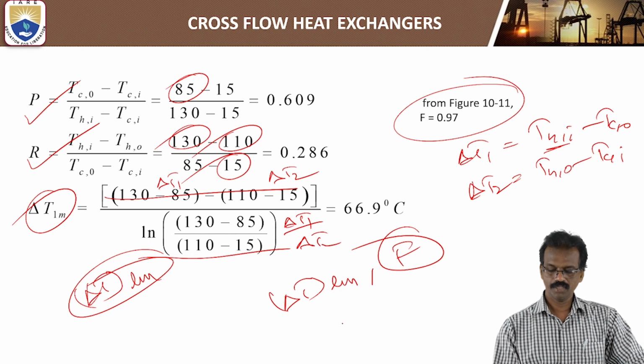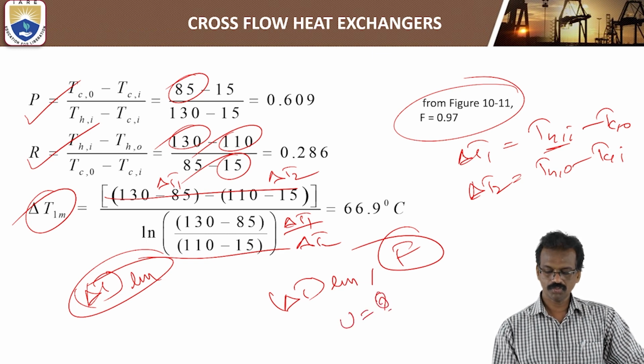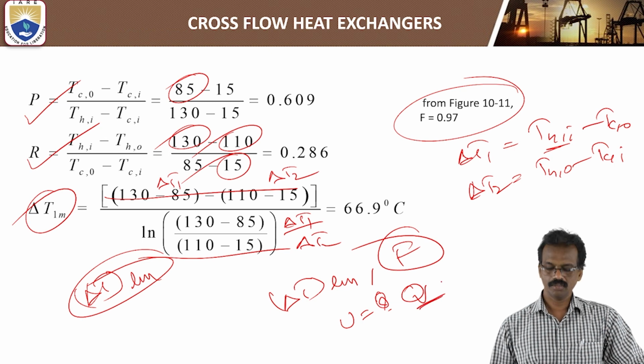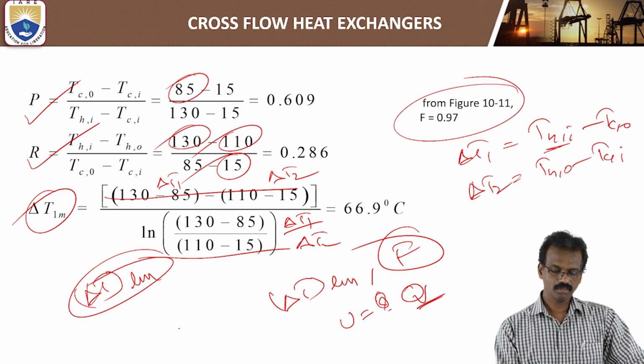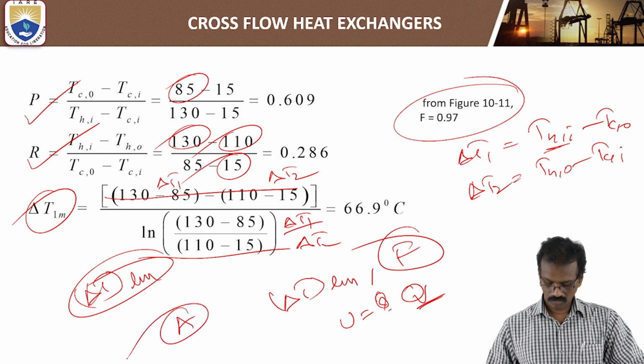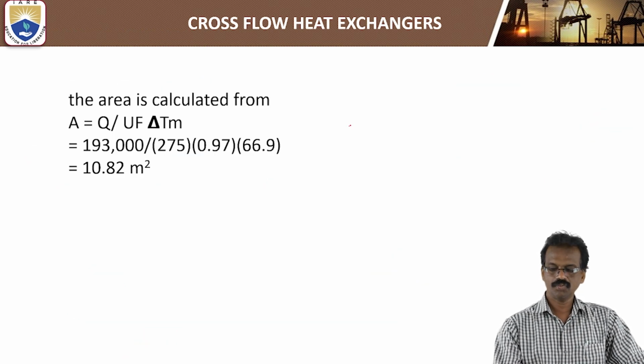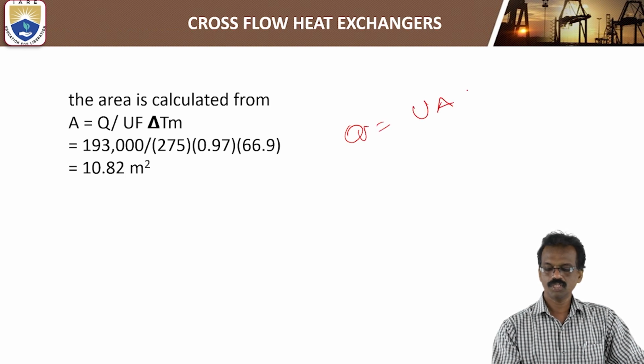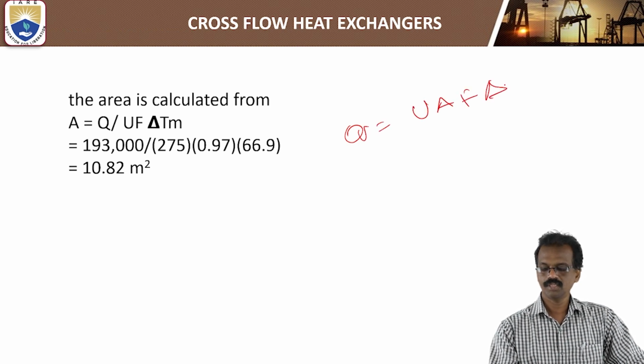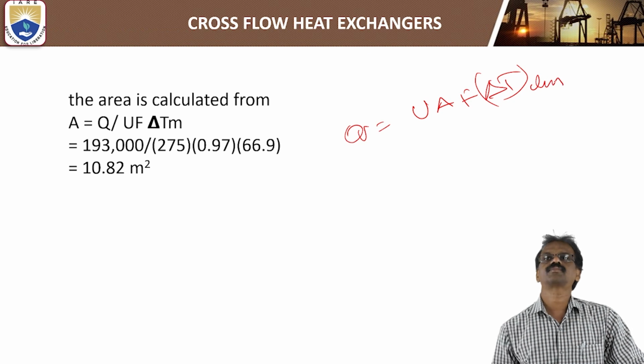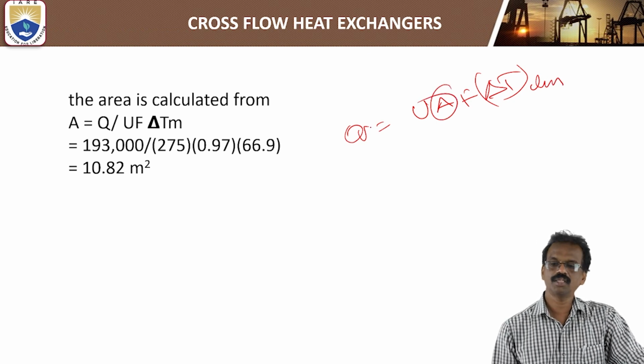If you know the delta T_LM and the correction factor F, and you know the value of U, which was given, and Q was already found, then you can find the value of area. You know the formula: Q is equal to U A into F into delta T_LM. Here you have to find out the area.